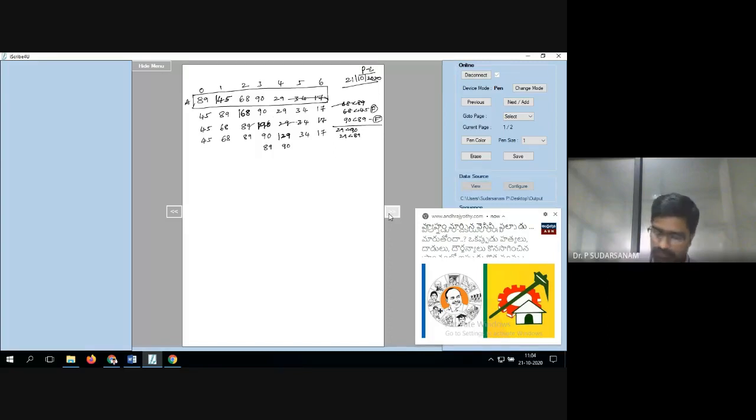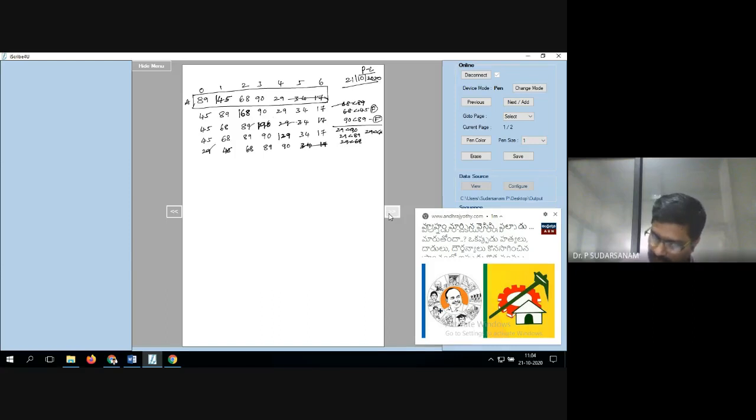Now 29 is less than 68, the condition is true, so 68 is moved. Next, 29 is less than 45, that is also true, move it here. Now you don't have any elements before this, so 29 should be copied here. Remaining elements are copied as they are.